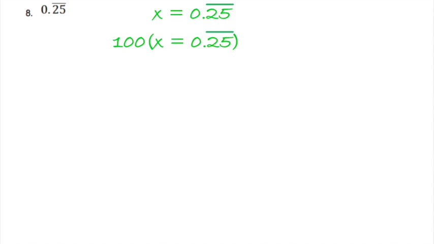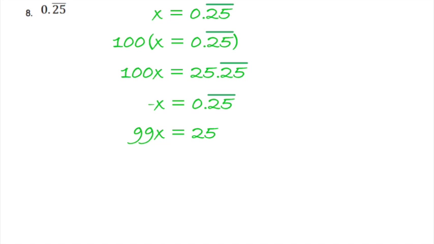So when we do that, we get 100x equals 25.25 repeating. So we're just moving the decimal place 2 spots to the right this time. Now again, we just want to subtract our original equation that we started with. So we're going to subtract x equals 0.25 repeating. And when we do that, we get 99x equals 25.